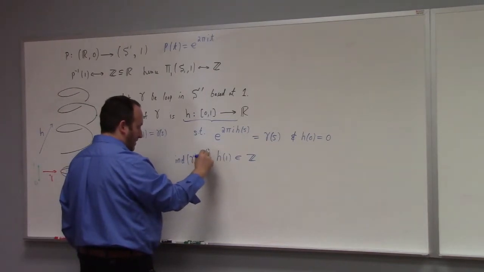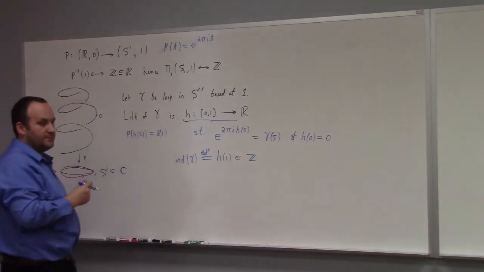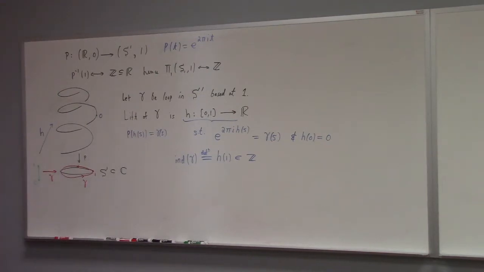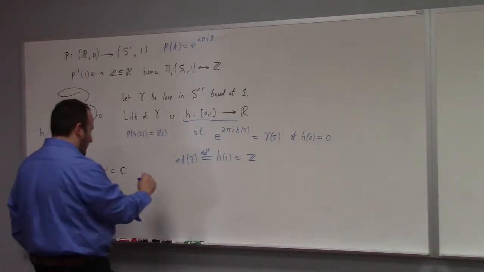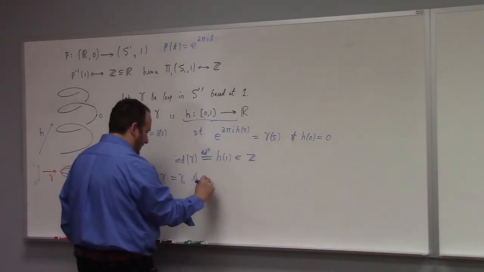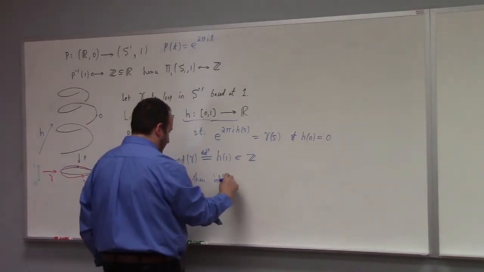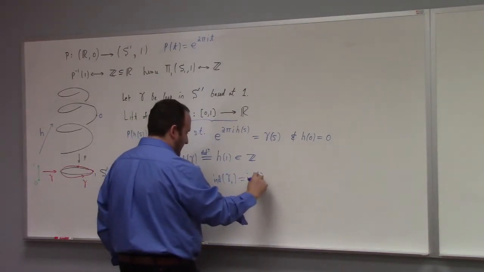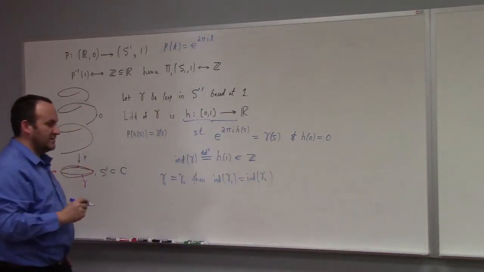And I think we proved last time that if gamma 1 was homotopic to gamma 2, then the index of gamma 1 would be equal to the index of gamma 2, as I've currently defined index.